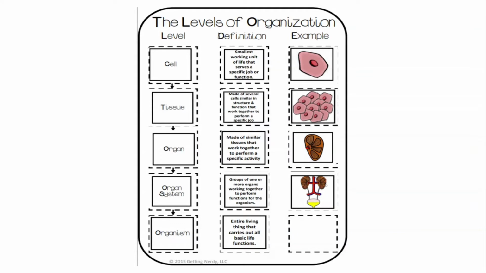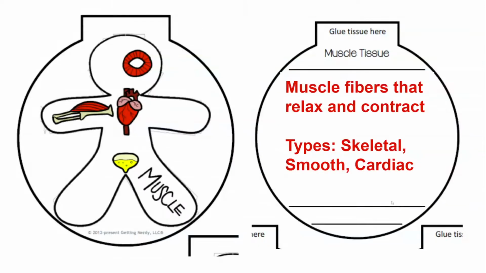So you have your kidneys that filter, and then basically tubes that transport the waste to your bladder. And then if I have several organ systems, that's going to make an organism. So the urinary plus the respiratory and the skeletal and the muscular and all of the systems put together are going to make an organism like you or the frog that we are going to dissect.